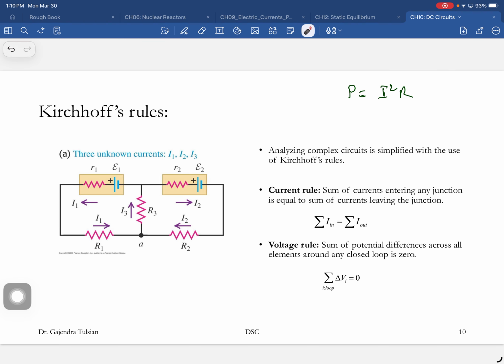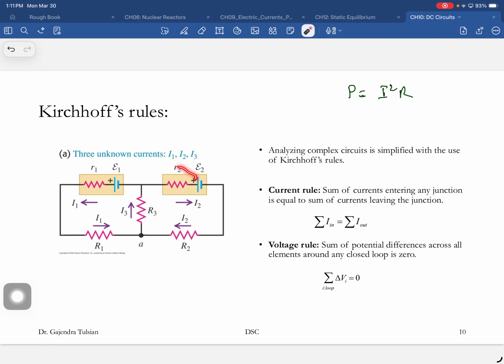It tells you the current flowing into a junction is equal to the current flowing out of a junction. And what is a junction? A junction is where more than two arms meet. So here's one arm, here's another arm, here's another arm. So that is a junction, and this is a junction.